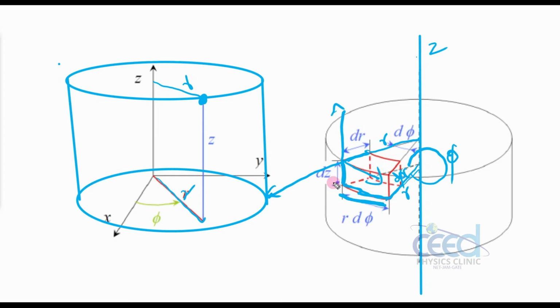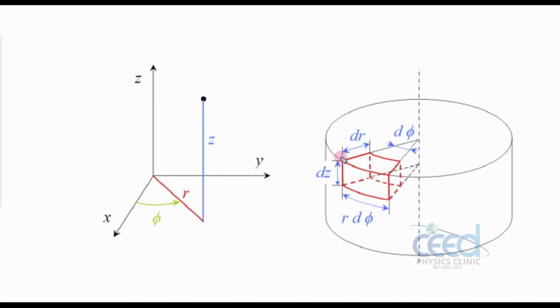So these are all perpendicular to each other. You can see all these from the figure. By increasing dr, d phi and dz, a small volume is created here.